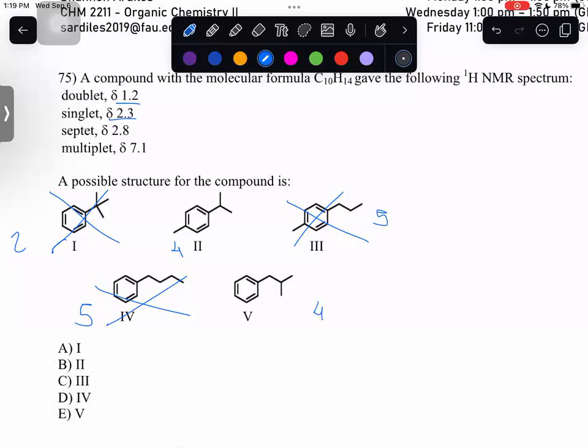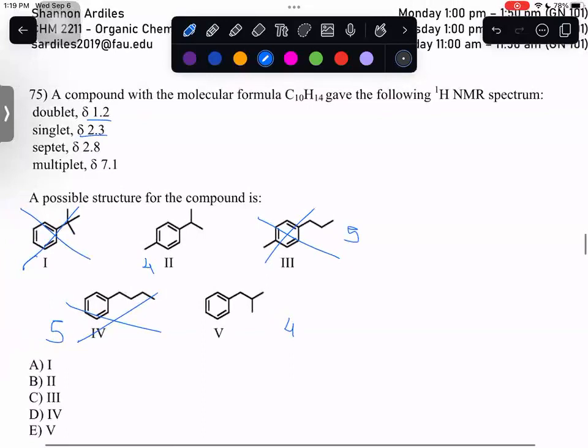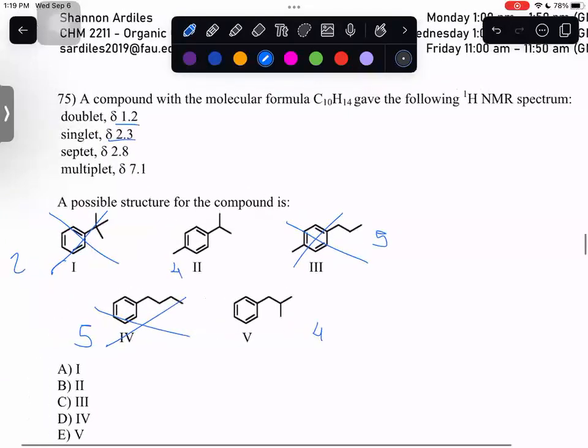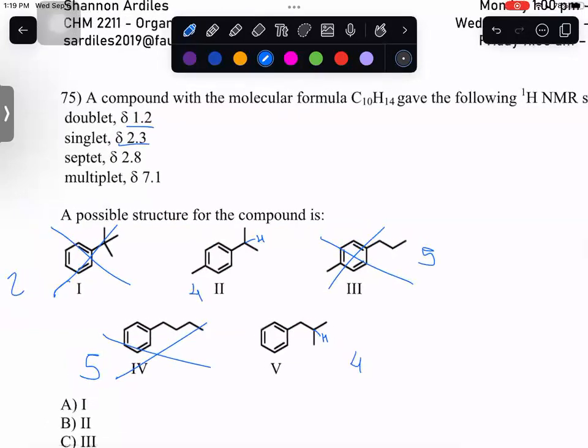So the next thing you can look at is the chemical shifts or the multiplicity, whichever one you want to do first. The septet is present in both, right? Because of that little hydrogen in between. Those 2 are septet. But let's see the main difference.